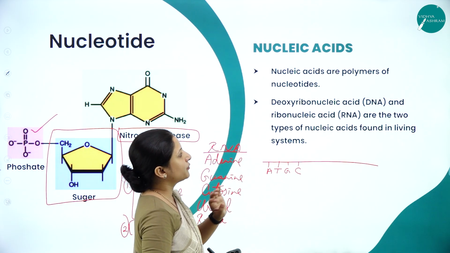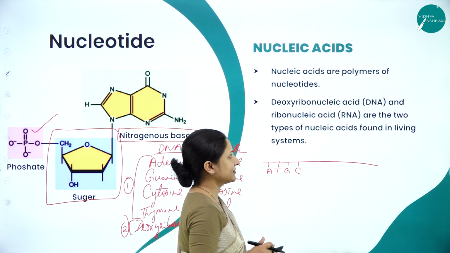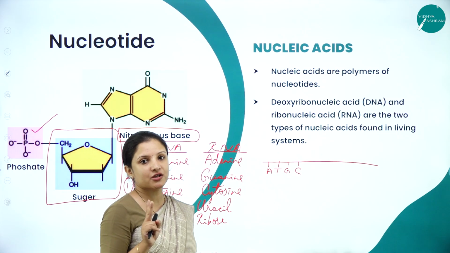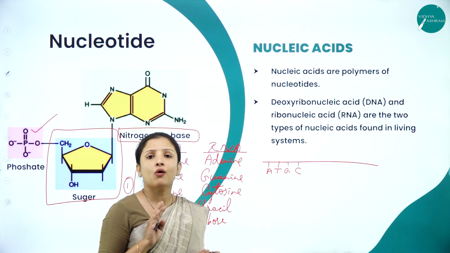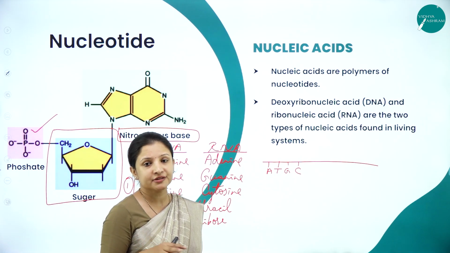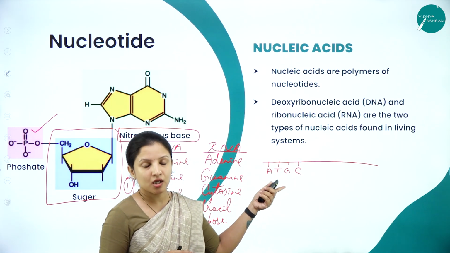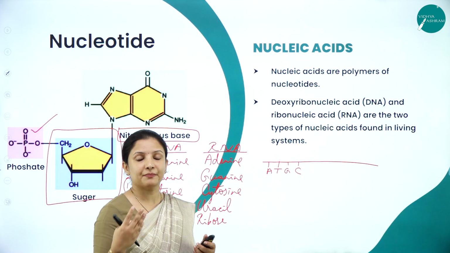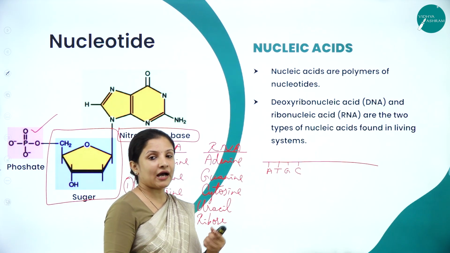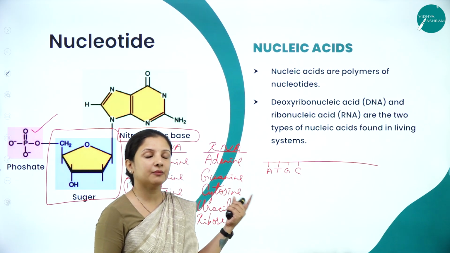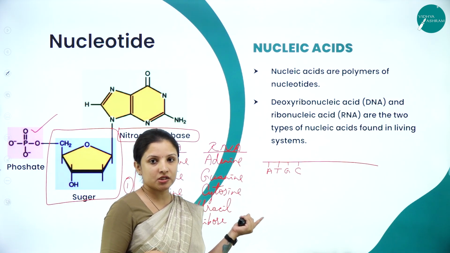And deoxyribonucleic acid and ribonucleic acid are two types of nucleic acids found in living systems, right? Humans and almost all animals, that is the eukaryotes, have DNA in their body. Whereas the prokaryotes, that is the bacteria, or maybe some of the viruses, have RNA. Some of them can have both DNA and RNA as the genetic material.